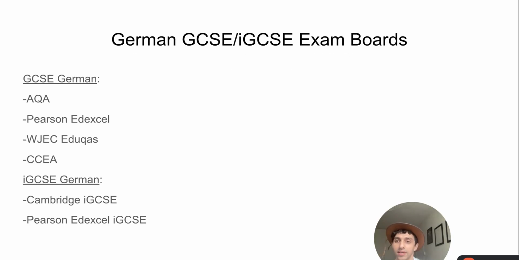Okay, so these are the German GCSE and iGCSE exam boards. So it is important and definitely useful to be familiar with what exam board you are studying as early as you can, ideally, because there are some differences, as we'll see later on in this video, in the format between different exam boards. So try to be aware of what exam board you're studying.